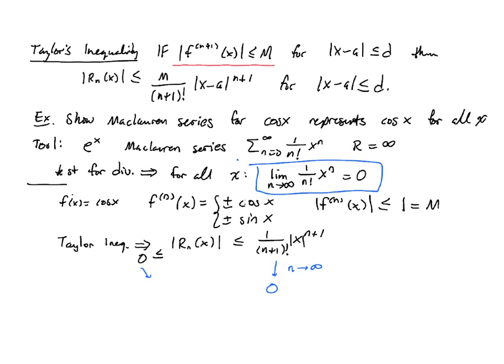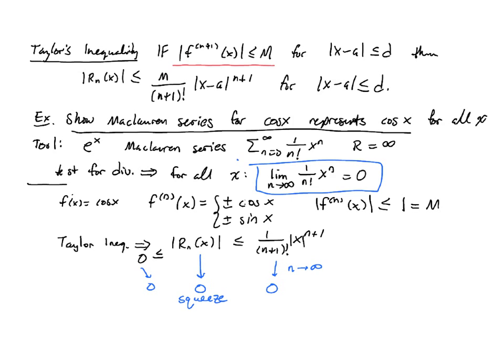And of course, the limit of 0 is 0, so by the squeeze theorem, we get to conclude that the absolute value of R_n of x as n goes to infinity is 0. And so by the fact on the previous page, we get to conclude that the Maclaurin series for cosine of x actually represents cosine of x for all values of x.